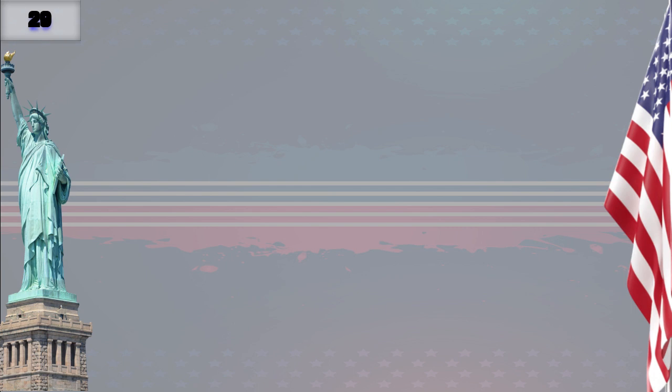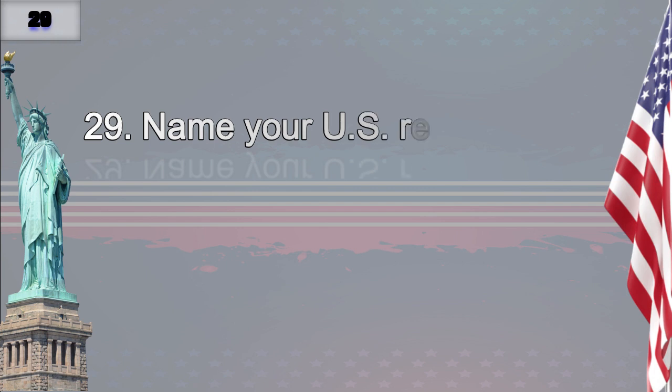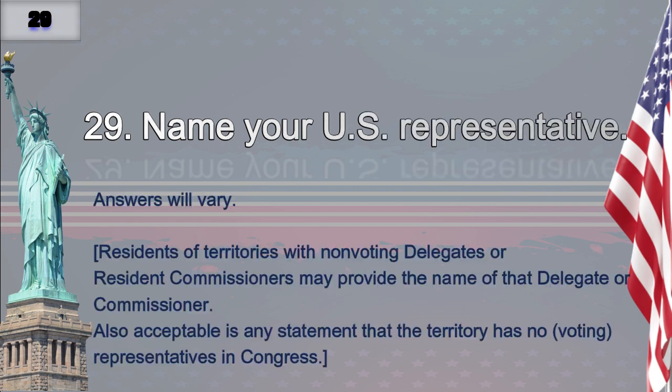Question 29. Name your U.S. representative. Answers will vary. Residents of territories with non-voting delegates or resident commissioners may provide the name of that delegate or commissioner. Also acceptable is any statement that the territory has no voting representatives in Congress.